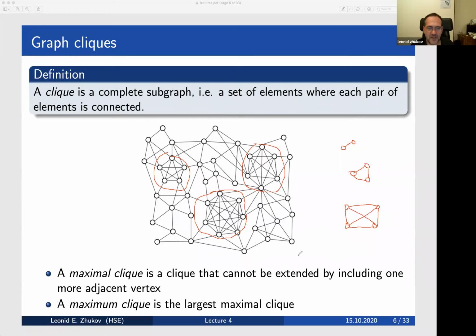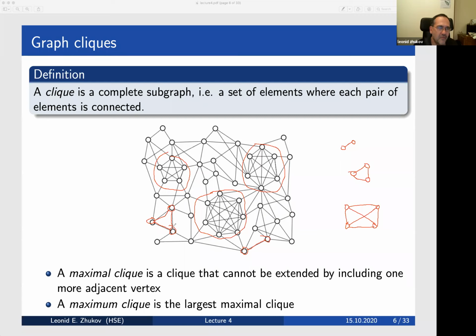And when you look at this picture, there are some trivial cliques, right? So if I take a subgraph like this, and here's a connection, well, it's a clique, but it's not an interesting clique, it's an obvious clique, right? Or if I take these 3 nodes, well, this is also a clique, but it's not interesting, it's of size 3.